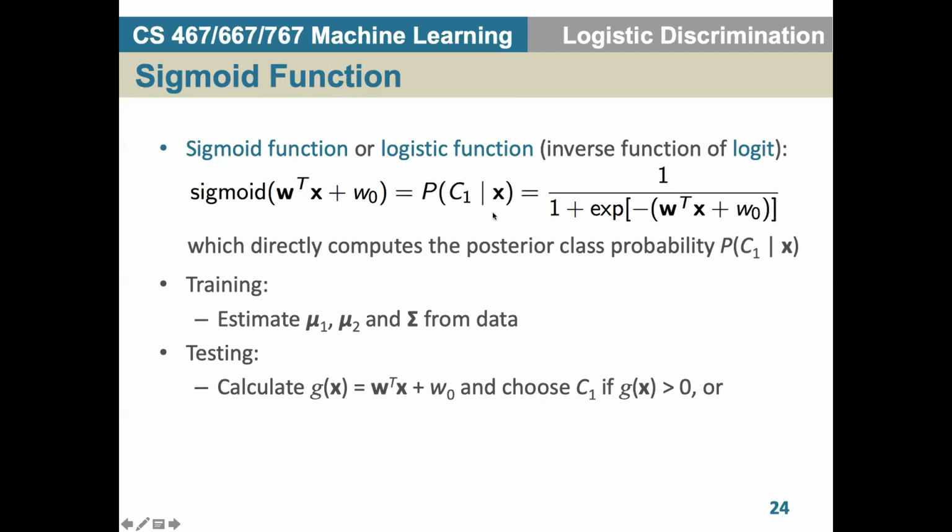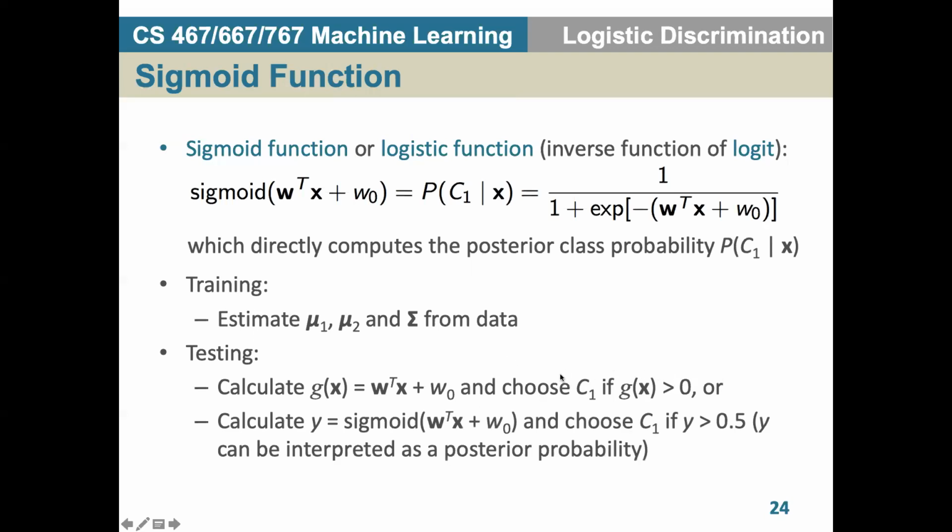You will get the probability you belong to the positive class, right? If it's larger than 0, you choose class 1. If it's smaller than 0, you choose class 2. So this is equivalent to saying that if the sigmoid function of your linear score is larger than 50%, then you choose class 1. Otherwise, you choose class 2, right?